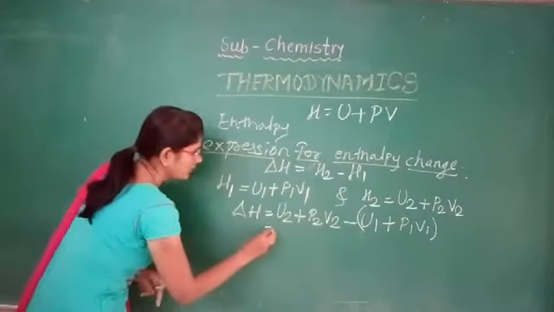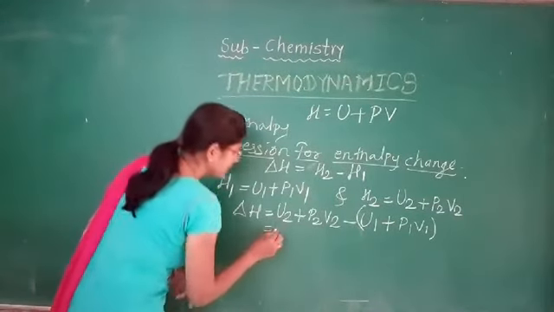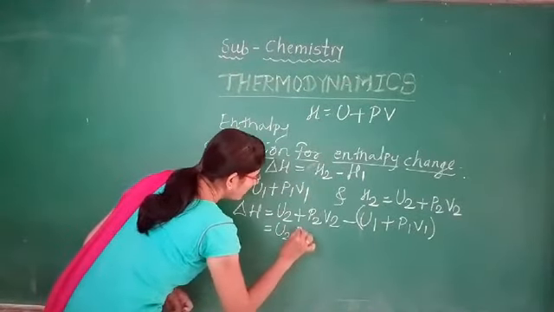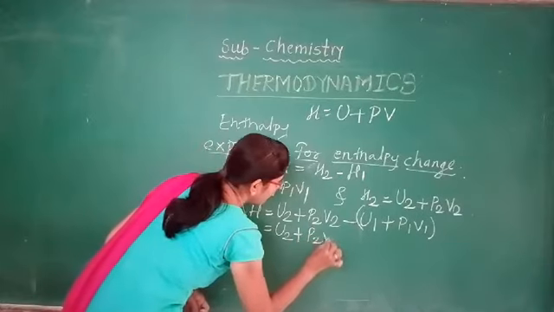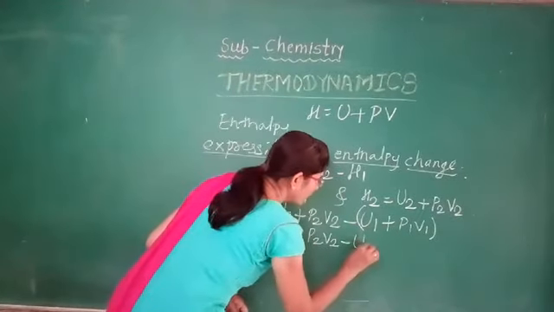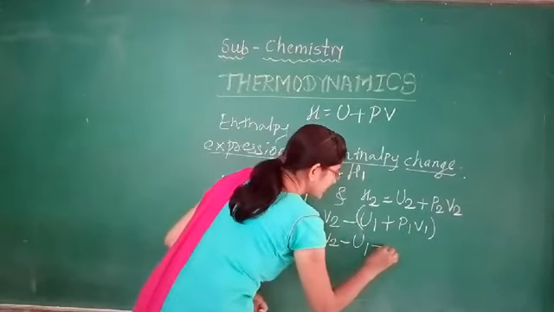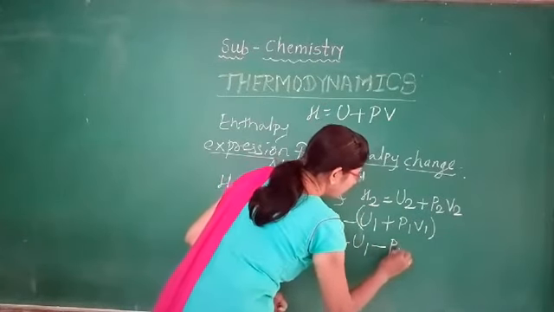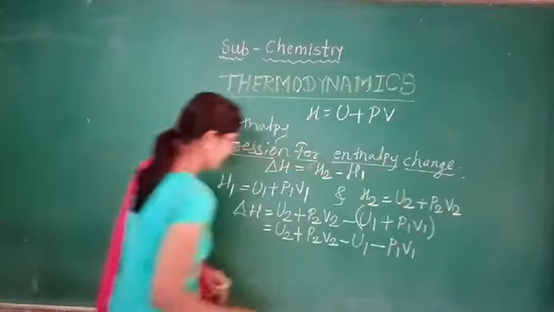First of all, we solve the bracket as U2 plus P2 V2 minus U1, and minus P1 V1.